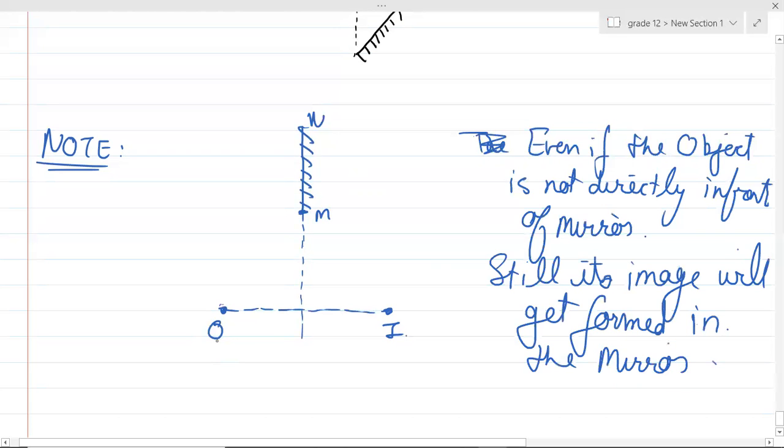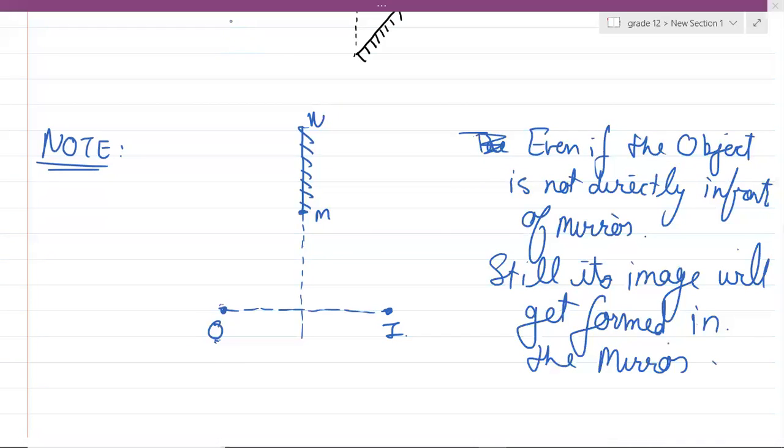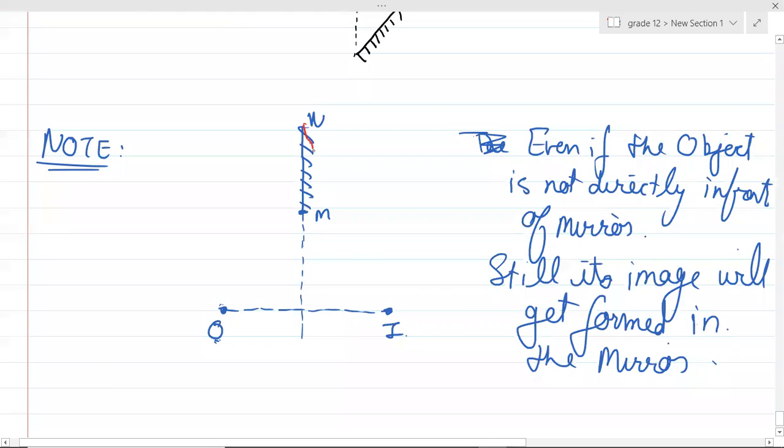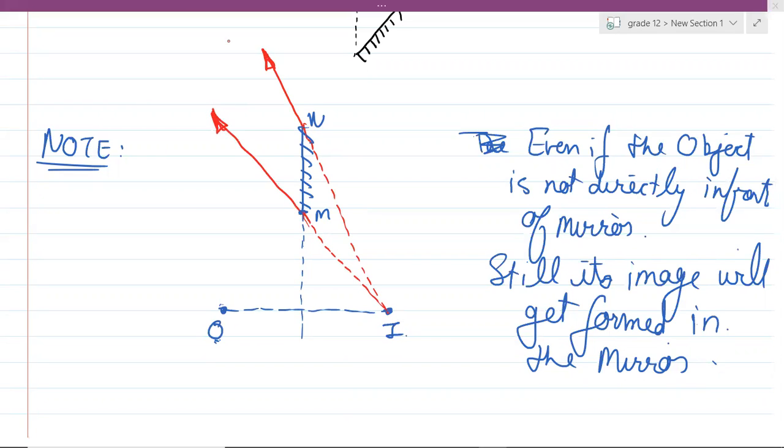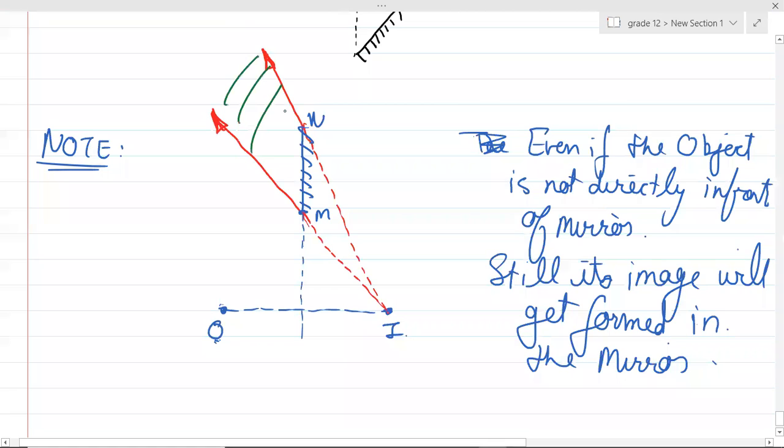Suppose you are that object and you want to see your image, will you be able to see it? No. Why not? Because you are not in the field of view of your image. Can you see the field of view of this image is basically only limited till here? And since you are out of the field of view of the image, you are not able to see it.